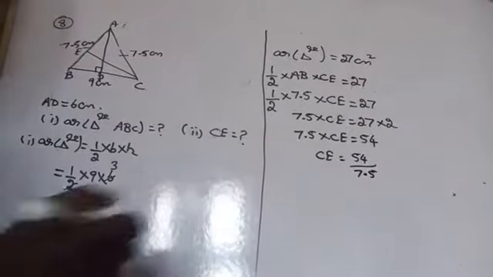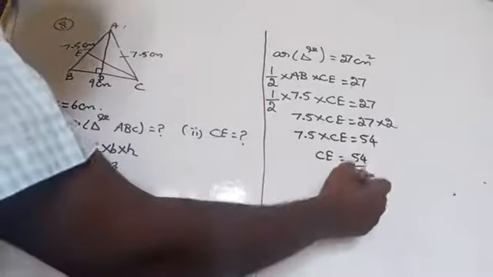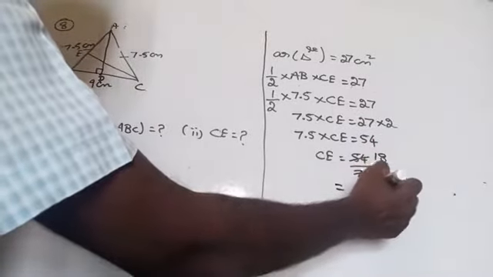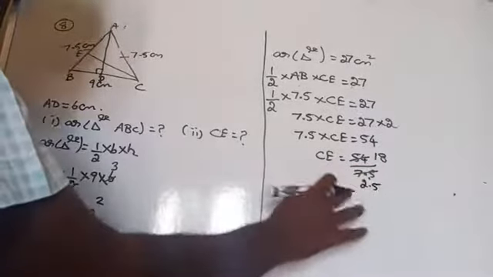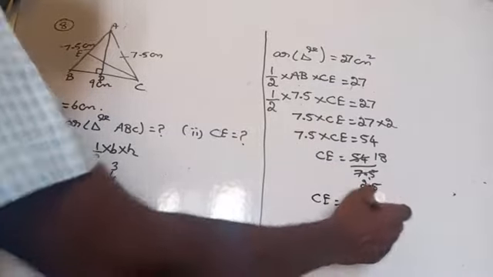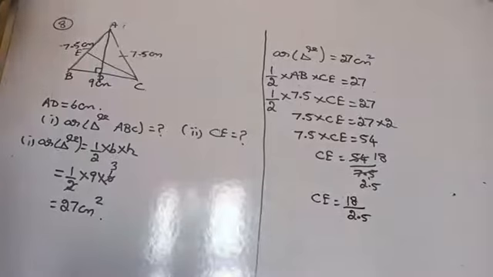Yes. Now what you can do? You can divide by 3. 18 3s are 54. 2 3s are 6. 5 3s are 15. 2.5. Then CE is equal to 18 by 2.5. Am I right? So multiply by 10 in both numerator and denominator. You will get 180 by how much?